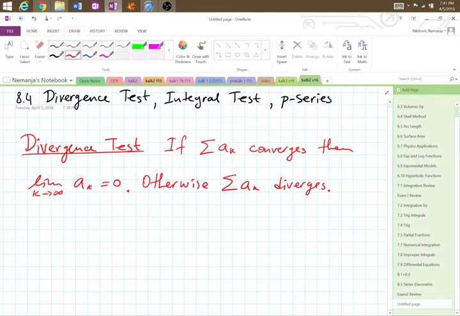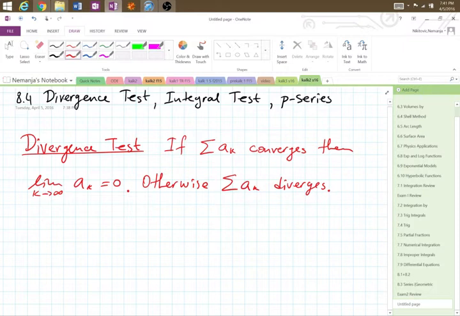So claiming that something converges by divergence test is nonsense, right? It's like telling someone that that person is fat because the person is skinny. It makes no sense, all right? Or the other way around. So this test can only be used to show divergence.